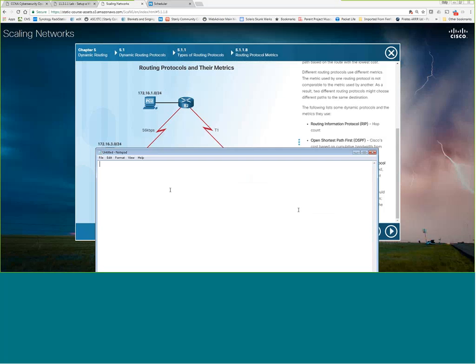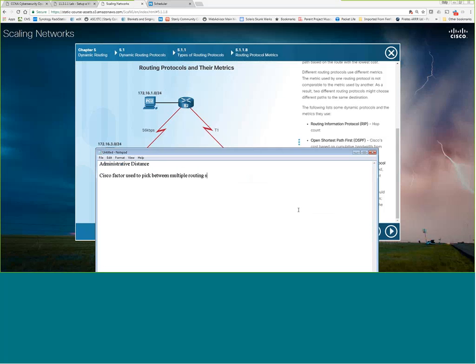Well, it's called administrative distance, right? Remember our administrative distance? That is the Cisco, I can't say entity, but Cisco rating or something? Well, it's not rating. I'm going to say factor, used to pick between multiple routing sources.